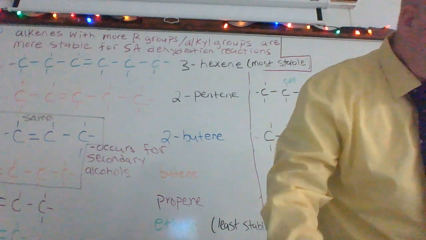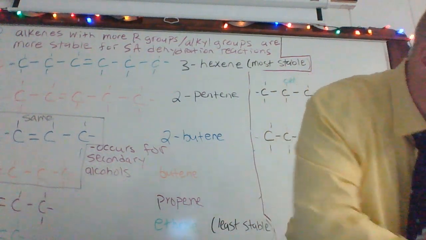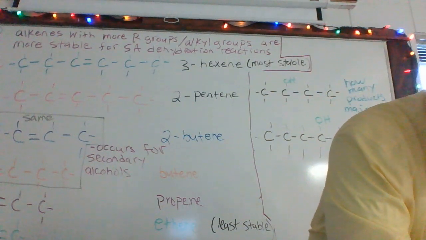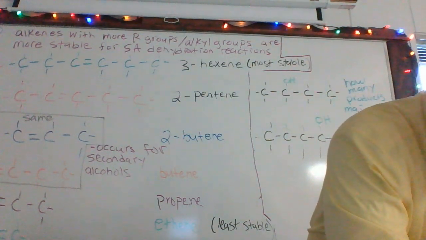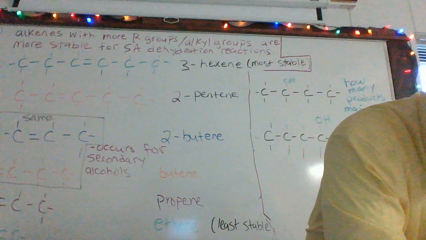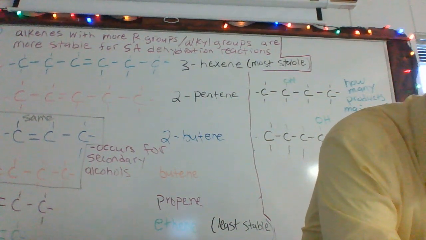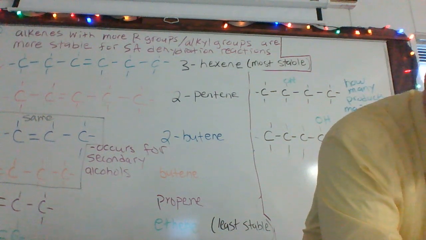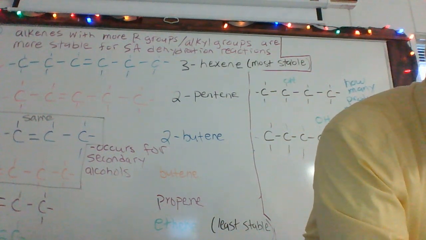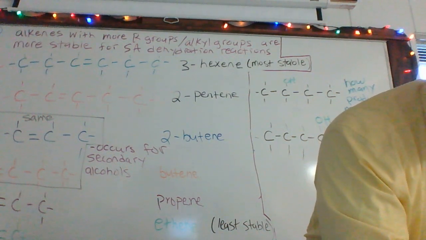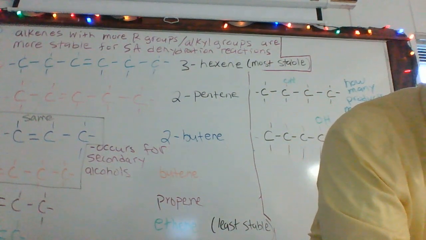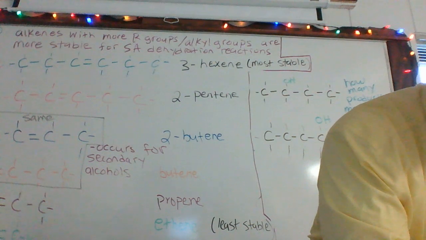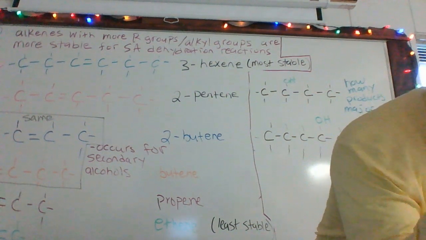As we turn the page, I just want to read this from the top to the bottom. It says the dehydration of many secondary and tertiary alcohols follows a more complicated course than that for primary alcohols. Remember, one of the more important things we said with this chapter was that when you're looking at these alcohols, you need to establish what type they are, and there are only three choices.